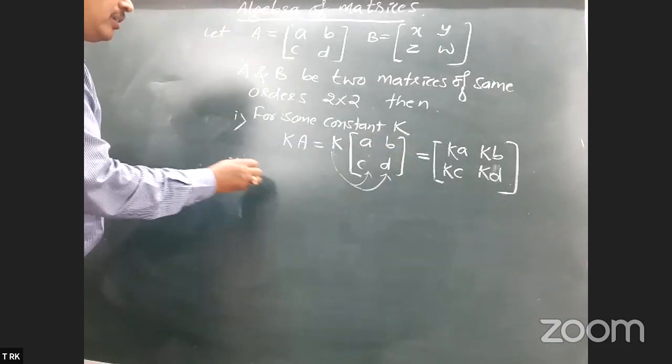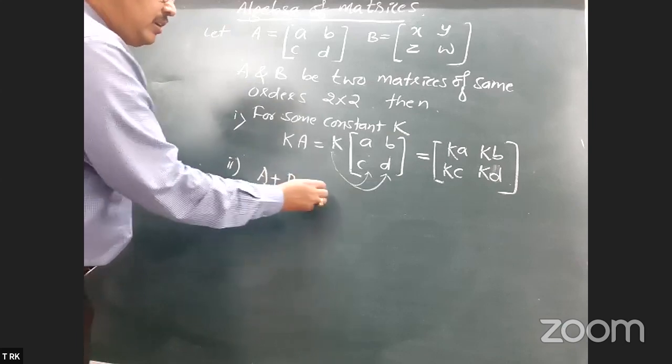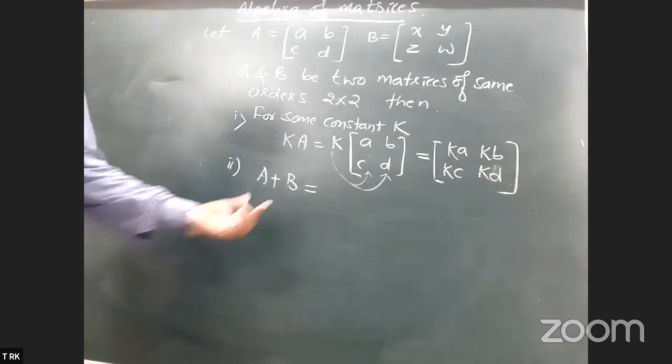And the second point, A plus B. Addition of two matrices.